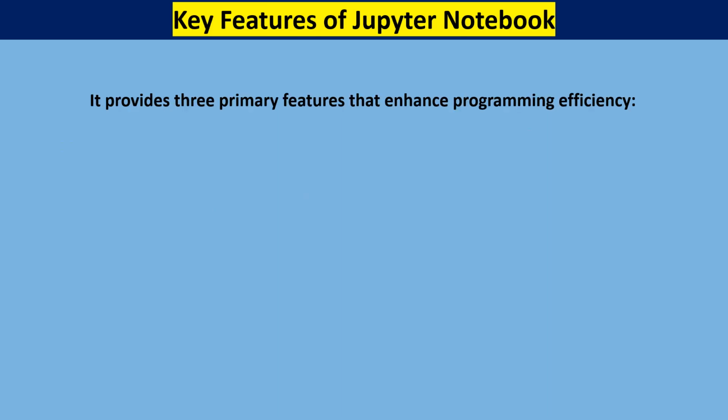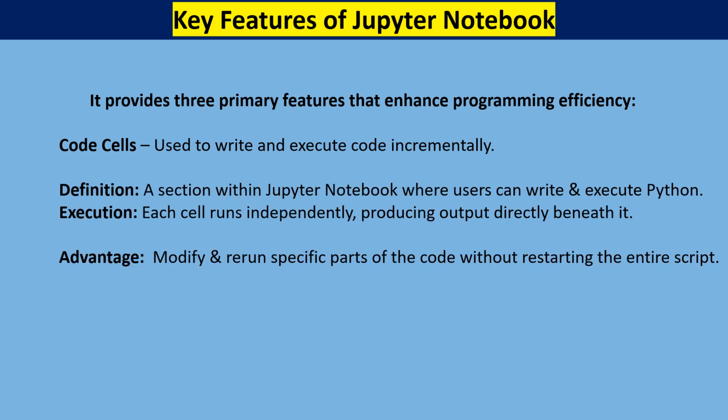Key features of Jupyter Notebook. Jupyter Notebook provides three primary features that enhance programming efficiency. Code cells are used to write and execute code incrementally, enabling users to break down code into smaller segments which can be executed independently. Each Jupyter notebook consists of multiple code cells.